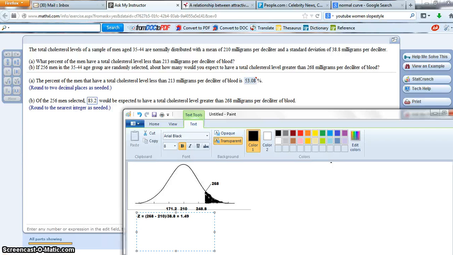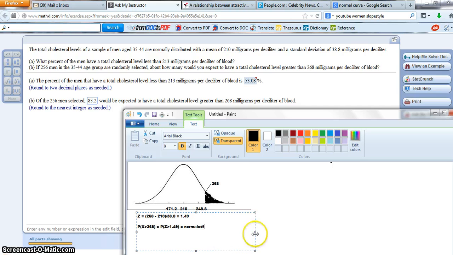My z-score for the upper end, since it's infinity, is still going to be infinity, so I don't need to calculate that. So then to figure out the proportion of my cholesterol levels that are going to be above 268, I can do that by figuring out the proportion of the standard normal curve that would be above 1.49. And the way that I do that is by using my normal CDF.